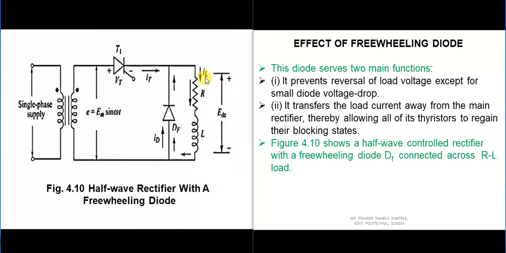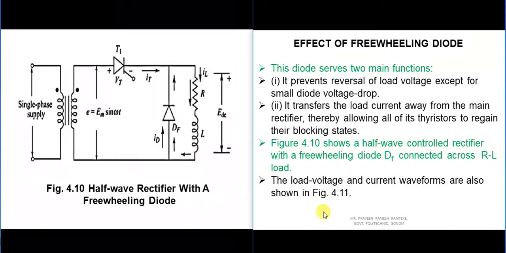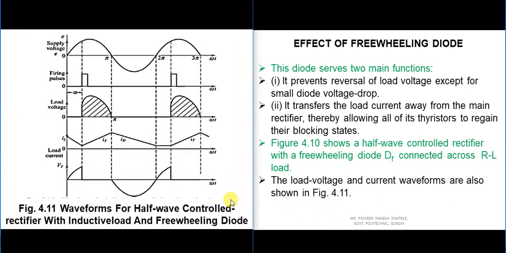Current flowing through the load is shown by IL. The load voltage and current waveforms are shown in this figure. Now we will have a detailed analysis of how the half waving that was occurring in the inductive load is removed by using a freewheeling diode.